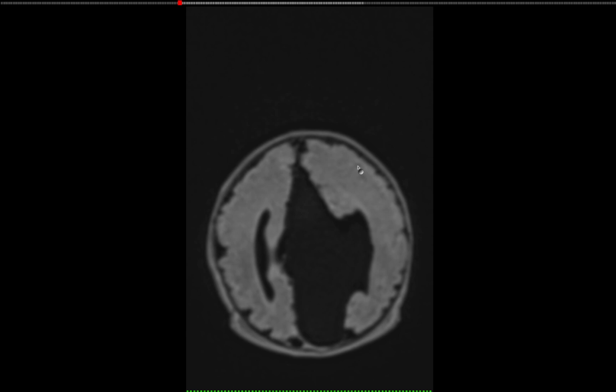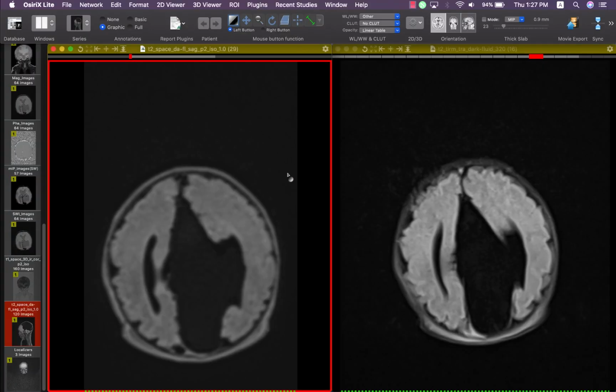And it is important to say whether there is only agenesis of the corpus callosum or whether it is associated with other commissural fiber dysgenesis, because of the prognosis of this patient.